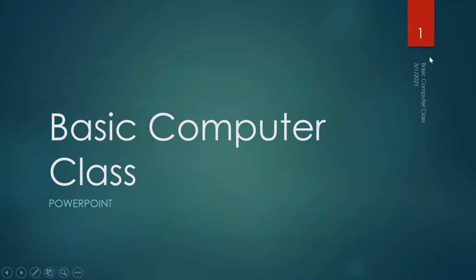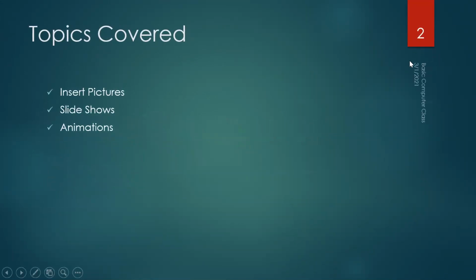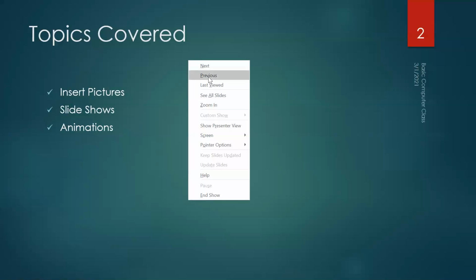So we choose to show slide number. It shows the slide numbers here, and also it shows a footer. The footer is basic computer class, and it shows a date also.